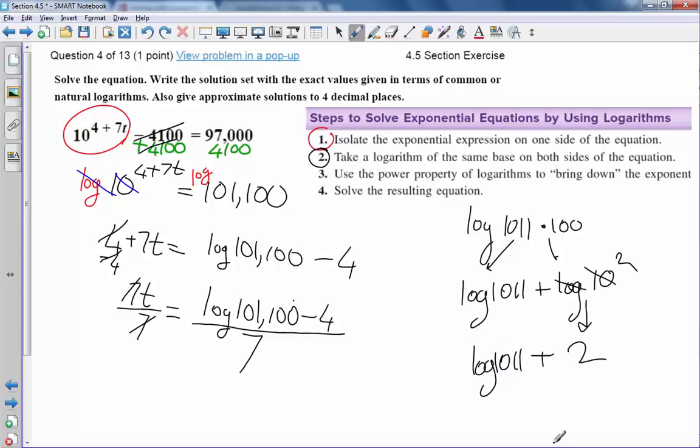So log 1011 plus 2 is what this thing simplifies to. And this minus 4 and plus 2 cancels to minus 2. That's how much I can simplify this thing.